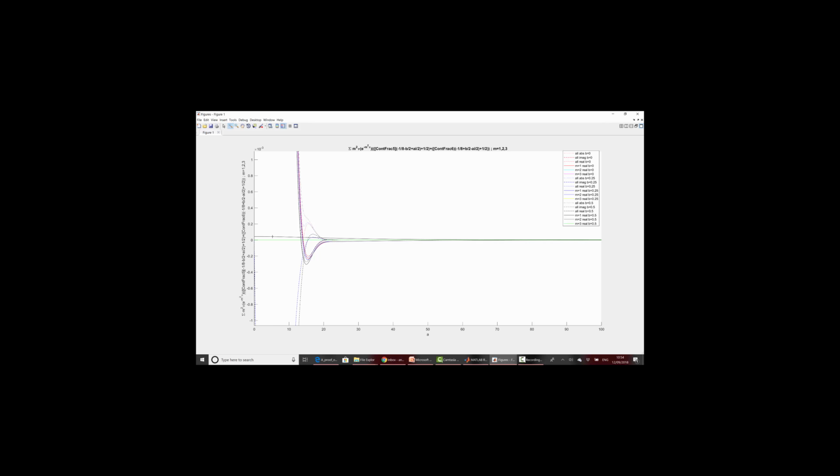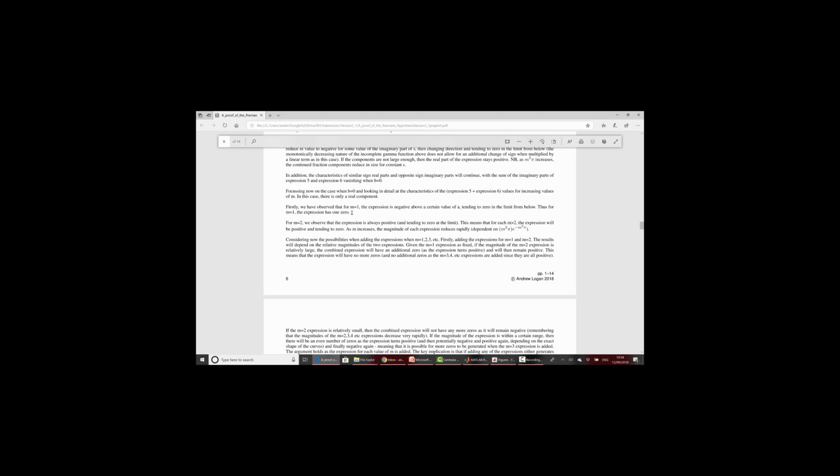M equals 2, we can see the real parts coming above 0, positive, m equals 2, m equals 3, which is what we see here. M equals 1, negative expression above a certain value of a, tending to 0 in the limit from below, which is what you've just seen.